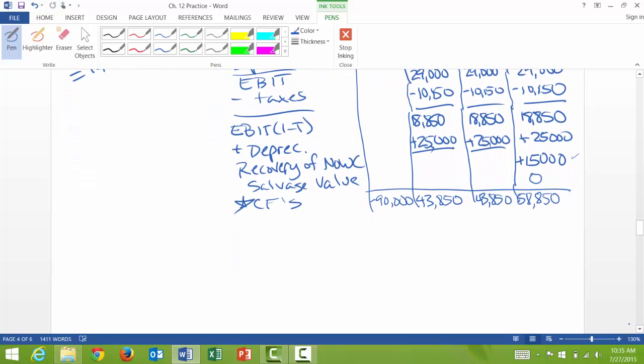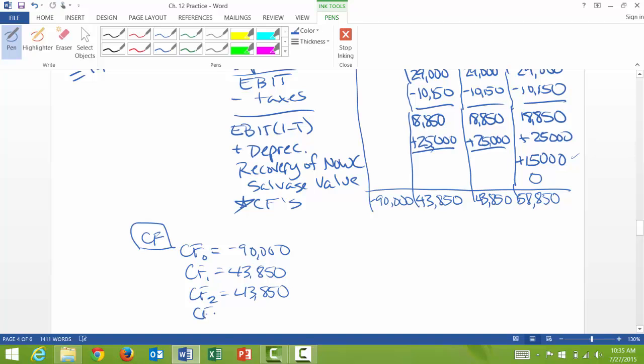And so the next step would be to go to your cash flow register. In the calculator, you go to the cash flow button and you put cash flow 0 is negative 90,000. Cash flow 1, 43,850. Put in cash flow 2 and cash flow 3, just taken from what we got here, 58,850 for that one.